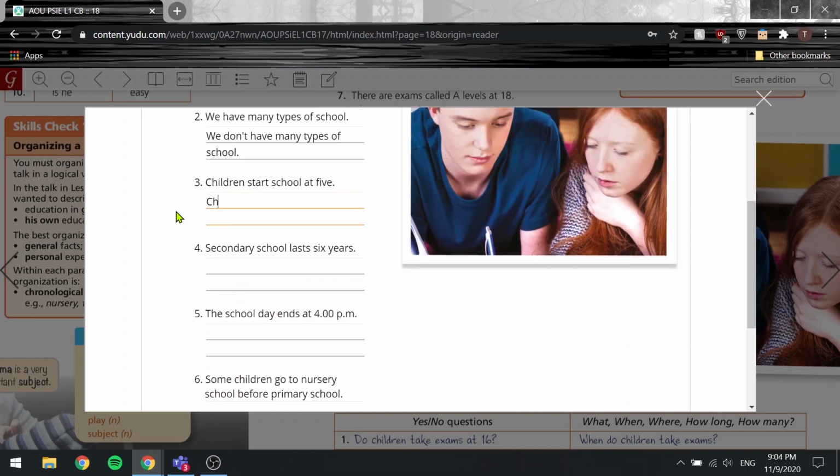I'll say children don't start school at 5. Secondary school lasts 6 years. Secondary school doesn't last 6 years.